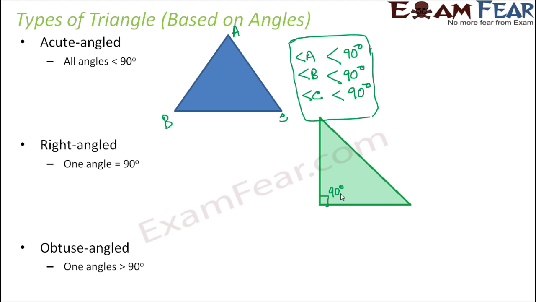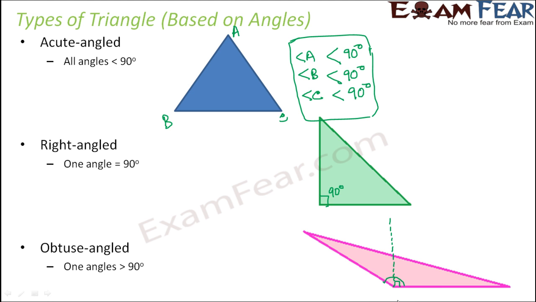And the third category is obtuse angled, where one angle is greater than 90 degrees. Now, do you think that two angles in a triangle can be obtuse? No. Again, the same reason, because one angle being obtuse means the value of one angle itself is more than 90 degrees. For example, in this triangle, this angle is greater than 90 degrees. 90 degrees would have been somewhat like this.